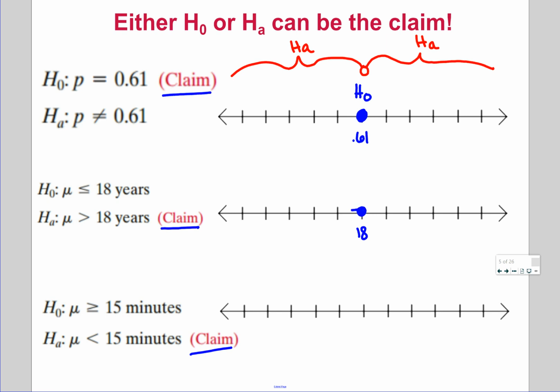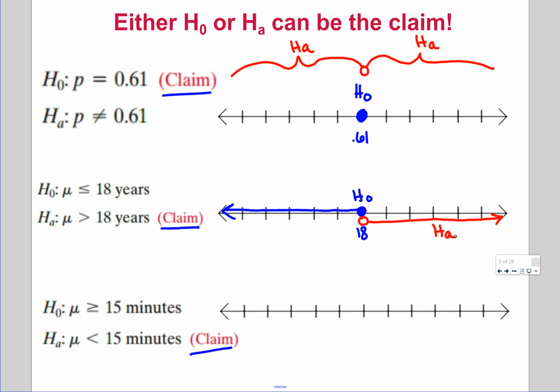Fill in my dot. And this one I can shade a little bit nicer. Looks something like that. Okay. And then my alternative would also start at 18, but it's strictly just greater than. So we have an open circle at 18 instead of a closed circle, not equal to.